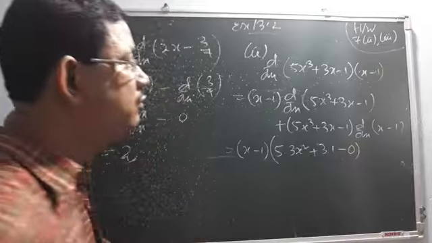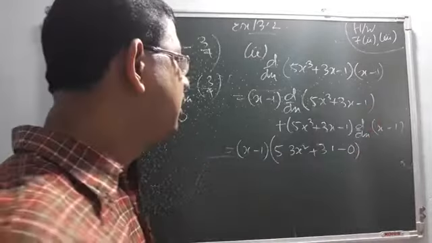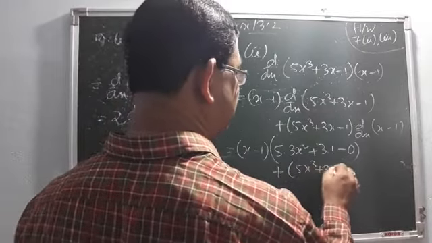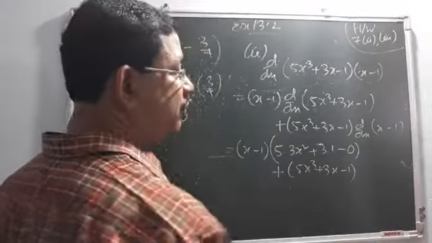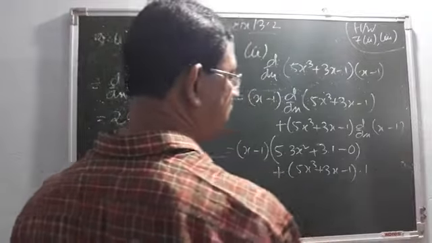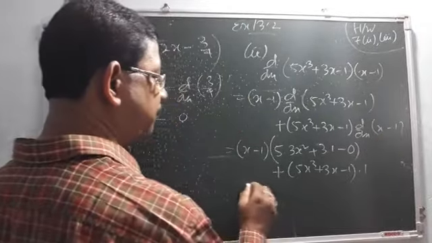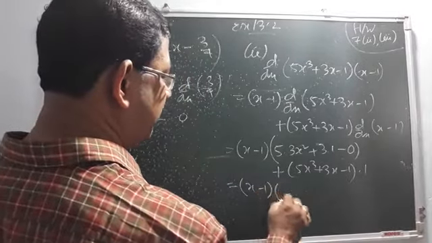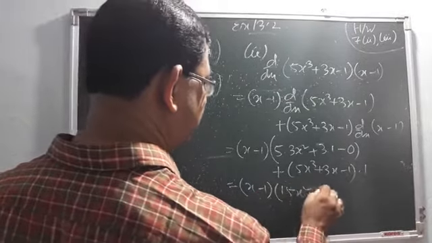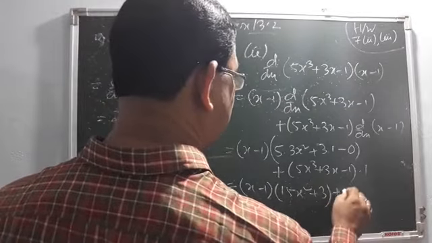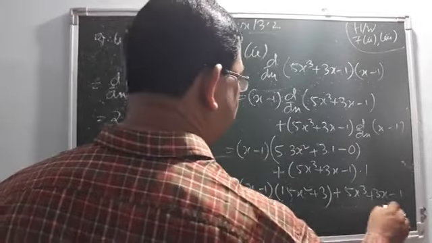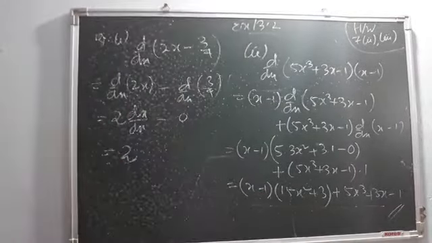Plus 5x cubed plus thrice x minus 1, and differentiating x minus 1 gives 1 only. Now we can break this, or keep it like that: 15x squared plus 3, and there 5x cubed plus thrice x minus 1.